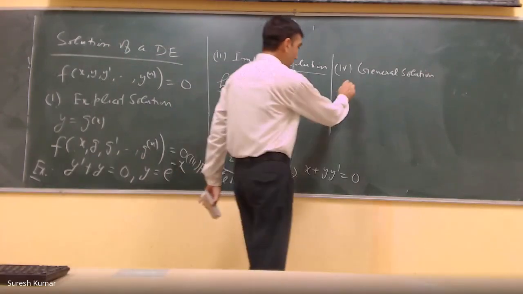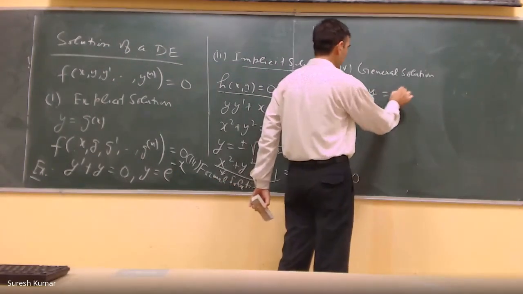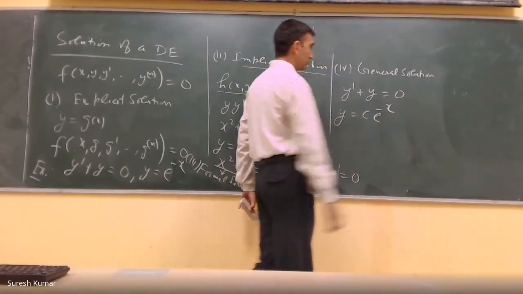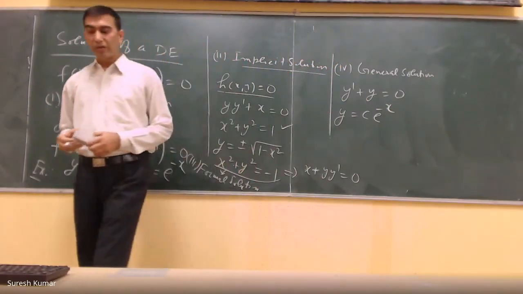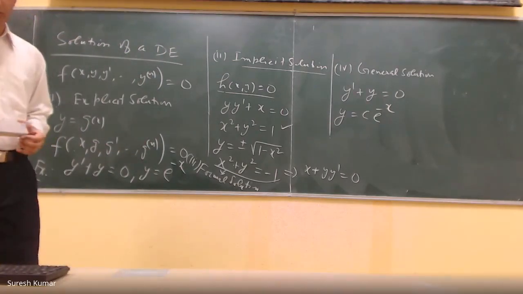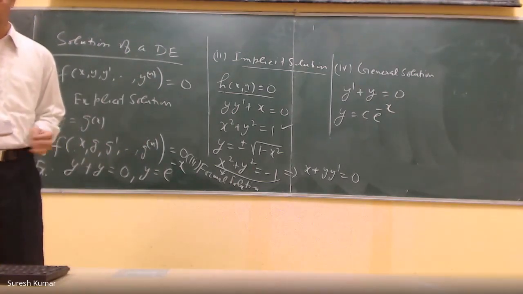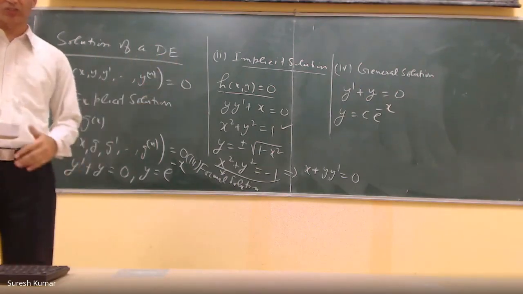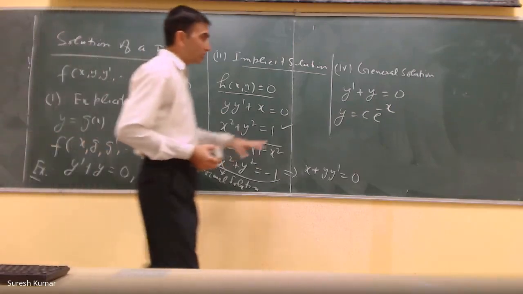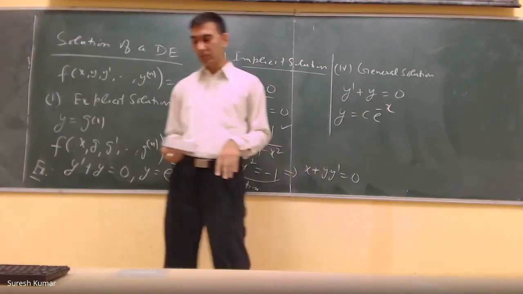For example, y prime plus y equal to 0 is the differential equation. y equal to c times e power minus x. You can check it's a solution, and it carries one arbitrary constant c, so it is a general solution. Why general? Because it is a first order differential equation.